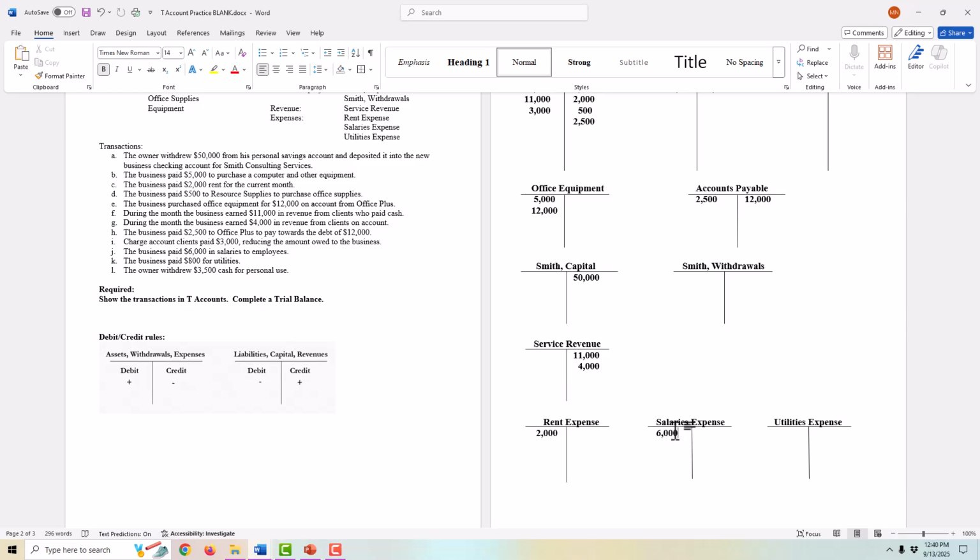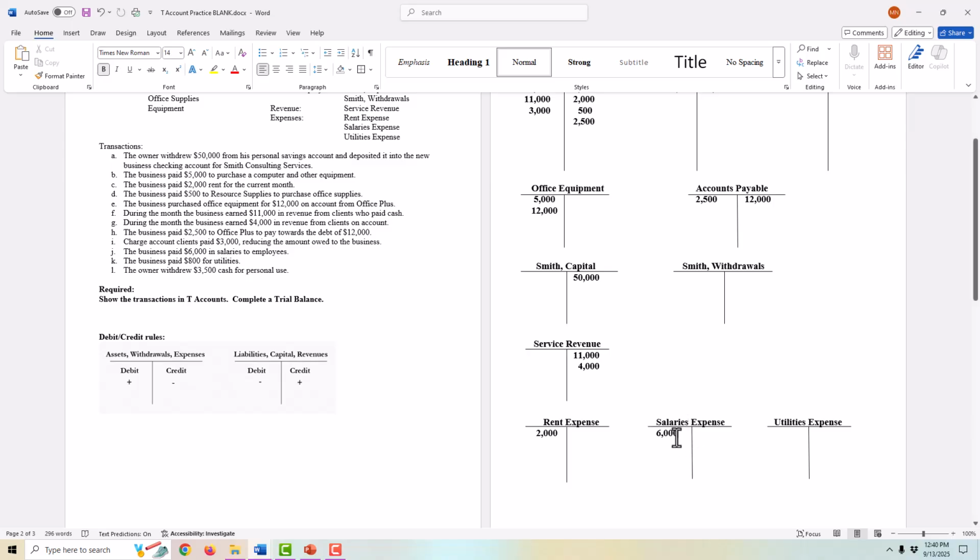And then at year end or month end or whatever time period you're doing a report for, you're going to get that total and put it on the report, and it will subtract from revenue at that point. But at this point, when you're recording the transaction, you're just adding to the account. Just think of it as you're adding to the account to get a total. Or you could think of it as you're adding to the expenses of the business as they incur expenses.